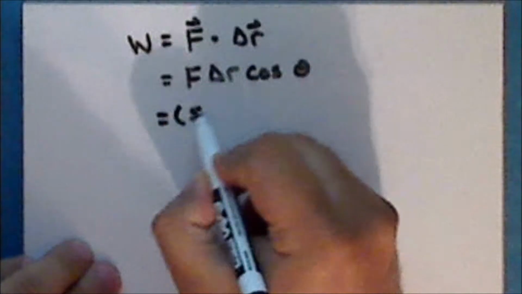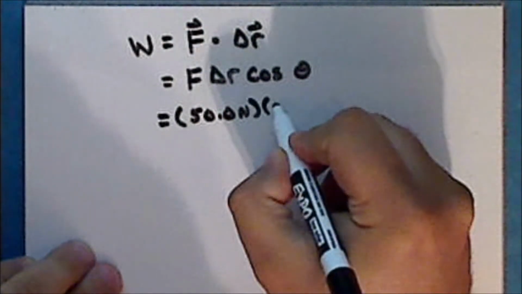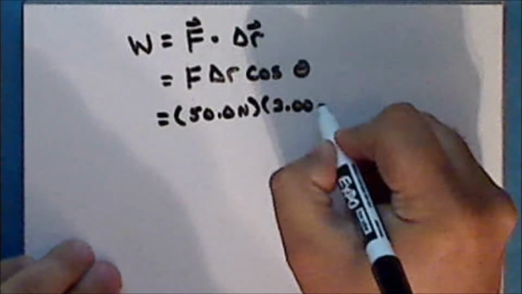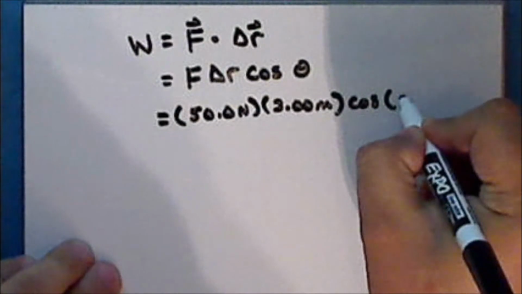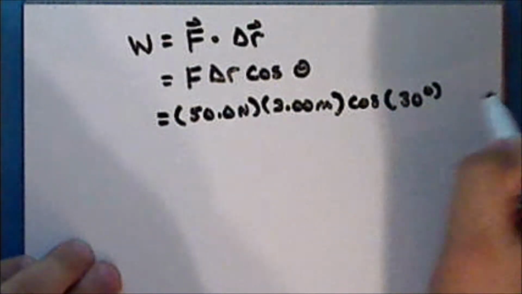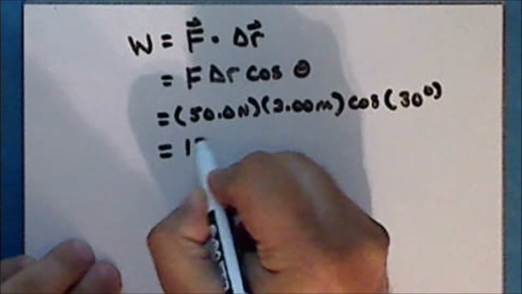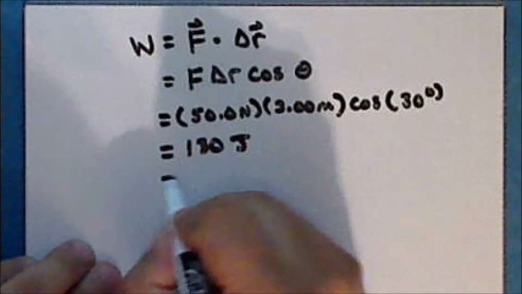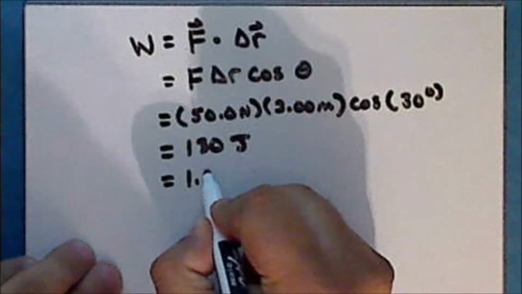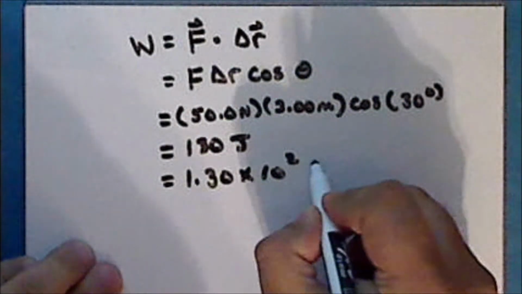And so this is 50.0 newtons times 3.00 meters times the cosine of 30 degrees, which to three significant figures is 130 joules, or newton meters, which we can also express as 1.30 times 10 to the second joules.